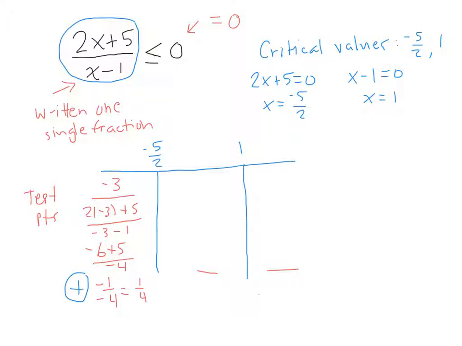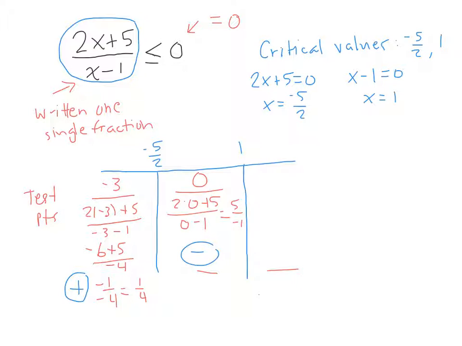Now, let's test a point between negative 5/2 and 1. Let's pick 0, that'll be an easy one. We get 2 times 0 plus 5 over 0 minus 1, which gives us 5 over negative 1, a negative value, which means that all of the values between negative 5/2 and 1 are going to be negative.